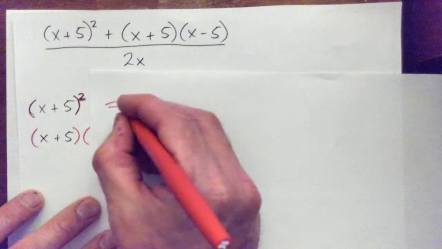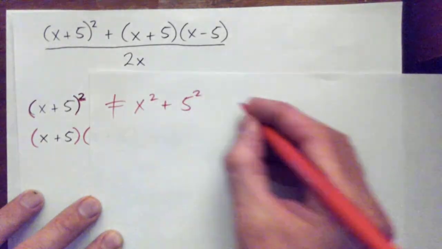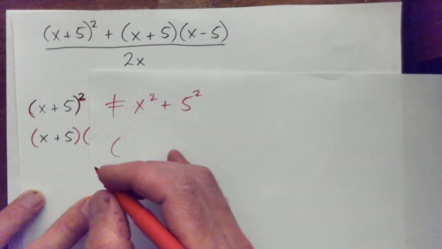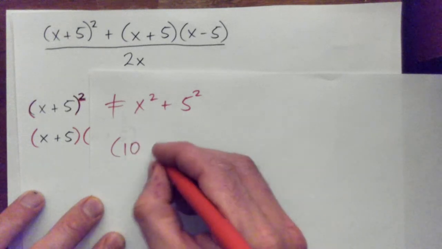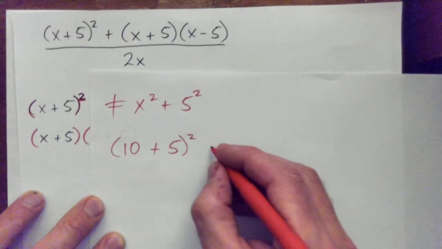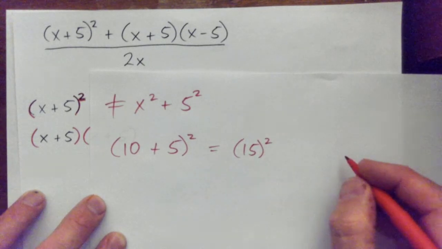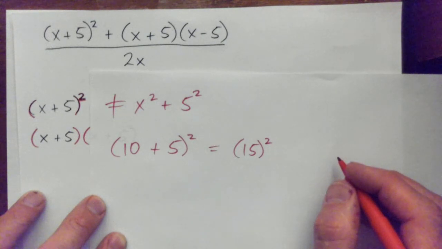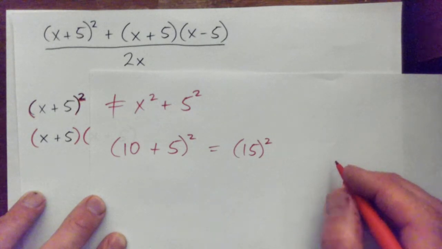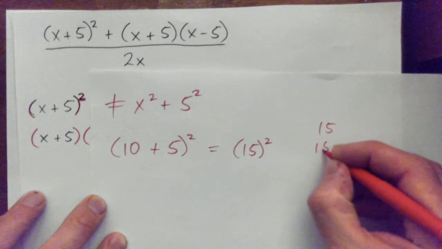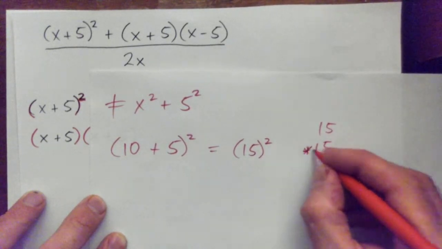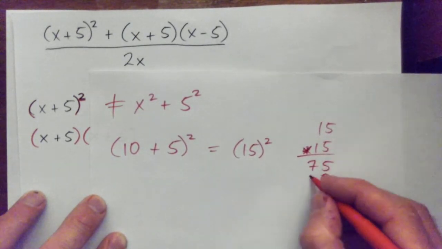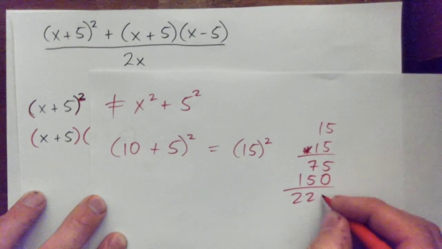So what we do not do is just call it x squared plus 5 squared, which is x squared plus 25. That's what we don't do, and the reason is, if x was something like 10, so let's say it was (10 + 5) all squared, which by the way is 15 squared, and 15 times 15 is 225, I think. 5 carry the 2, 7, 0, 5, 1, 225, right?